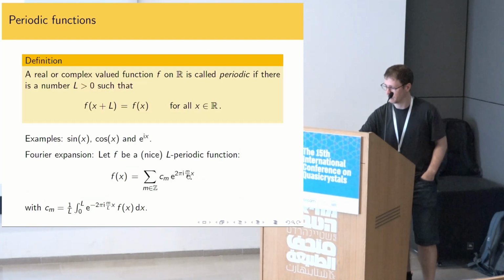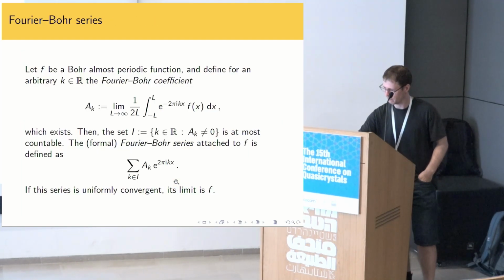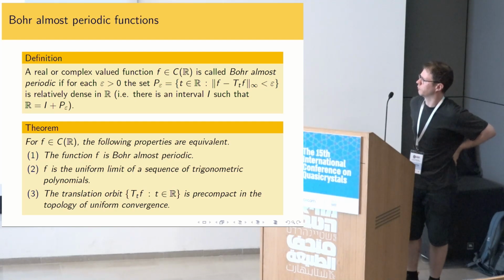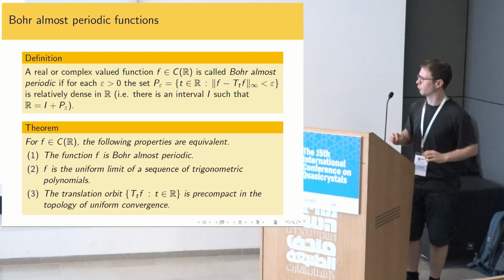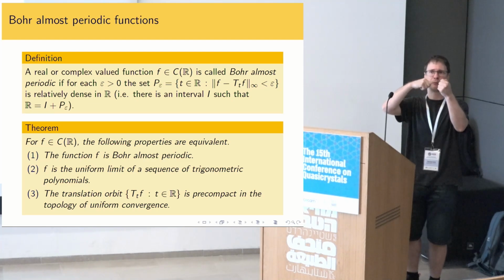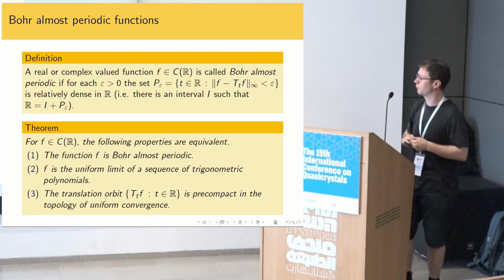Such an expression: I have a series with exponential terms and coefficients. The third property I don't really want to spend time on. It's mathematically nice to have it, but what we need here is the epsilon almost periods and being able to approximate them uniformly with trigonometric polynomials.